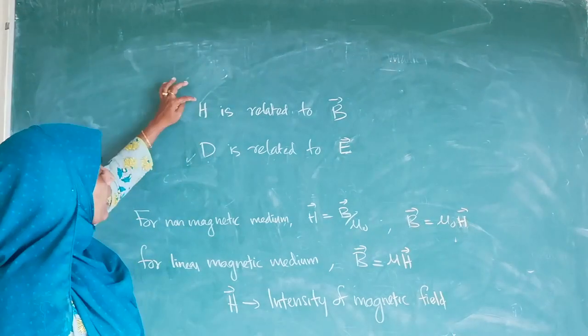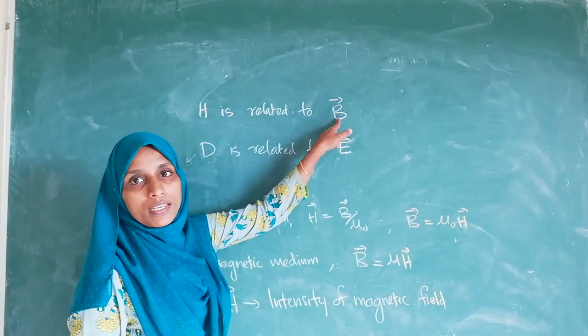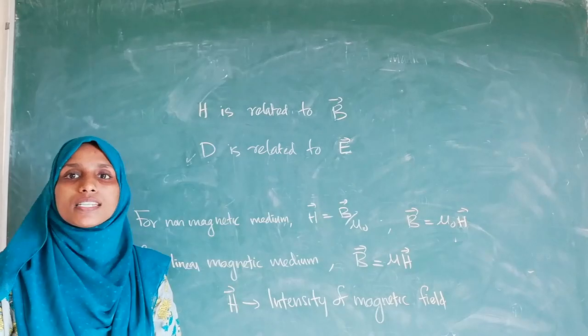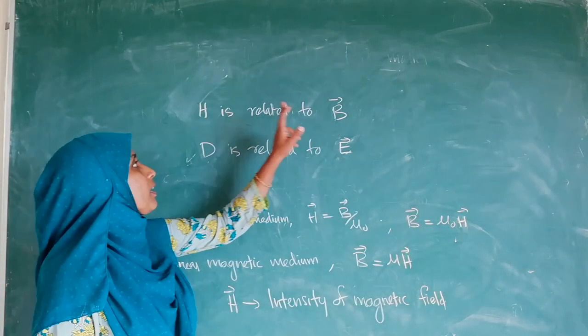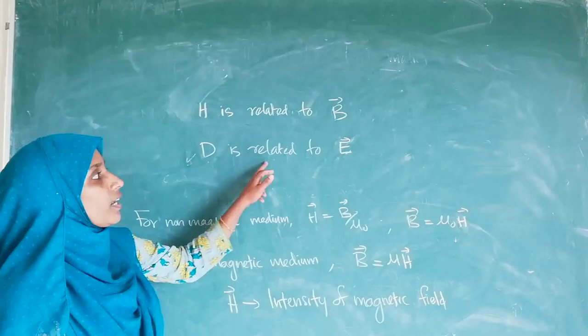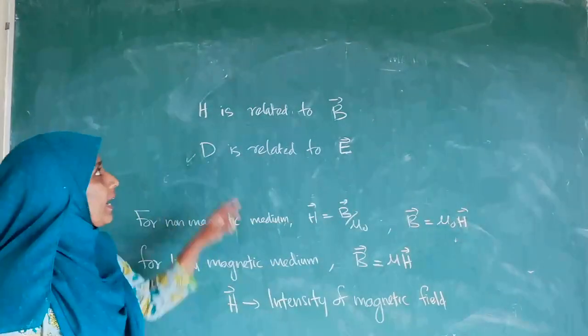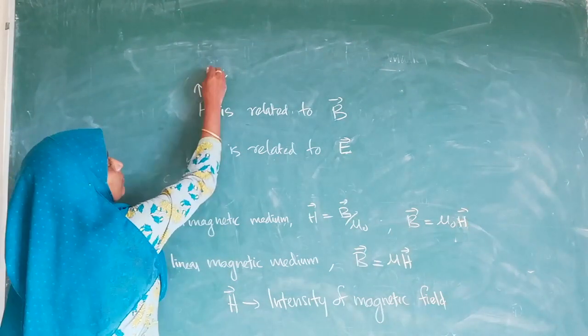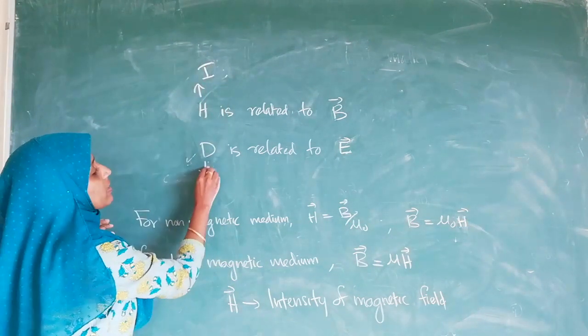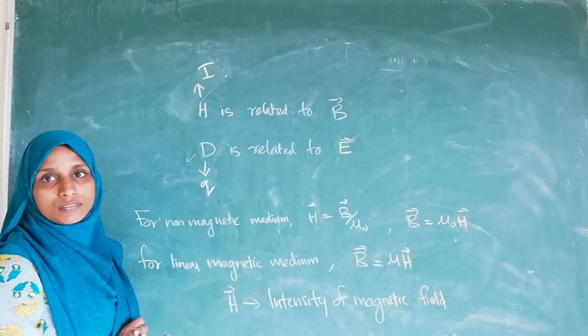Here, H is related to B. H is also known as the intensity of the magnetic field. H is related to B in the same way D is related to E. H depends only on the currents and D depends only on the charges.